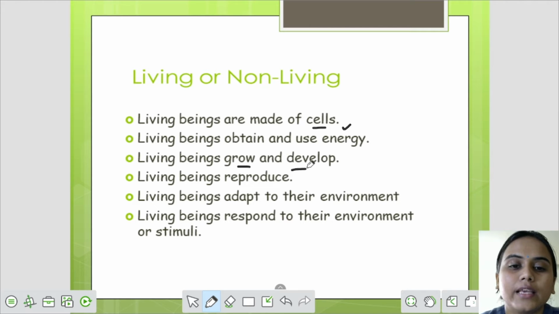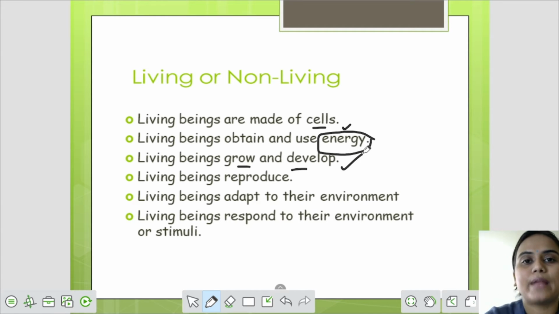Another thing is, when we provide energy to them, with this energy they develop their body and it grows. Have you ever planted a small sapling, and after providing water and sunlight for a few days, it grows and makes itself a bigger one?